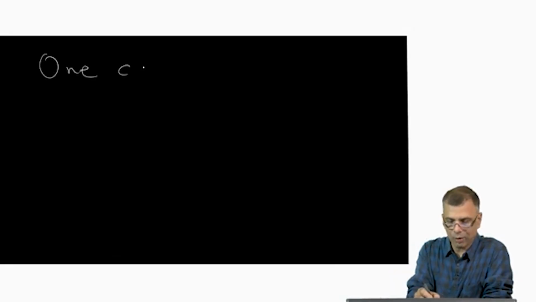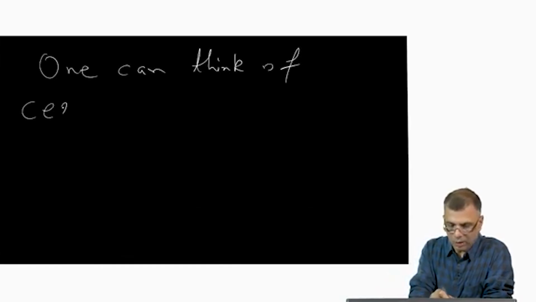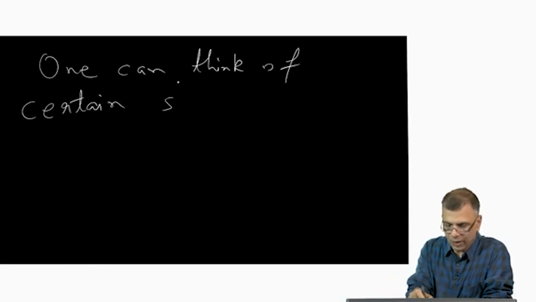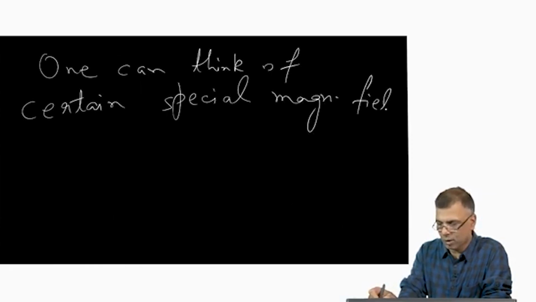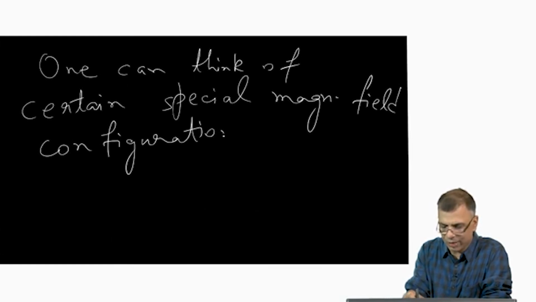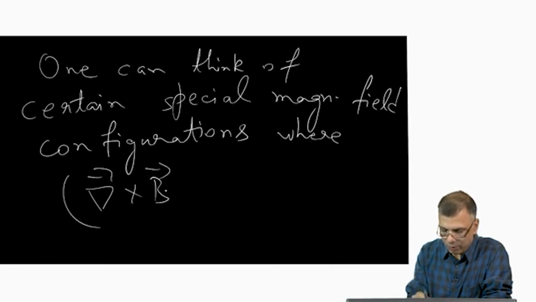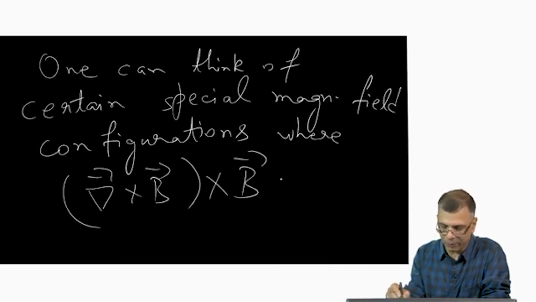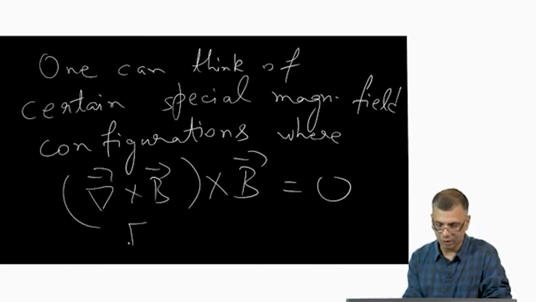One can think of certain special magnetic field configurations which are arranged such that curl of B is parallel to B, so that curl B cross B is 0, and these kinds of configurations are called force free configurations.